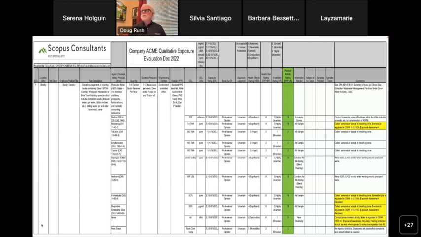But this is something I've developed over the years. It comes out of, or is very similar to, what's in the occupational sampling book, and I'm going to show you a picture of it in a minute.